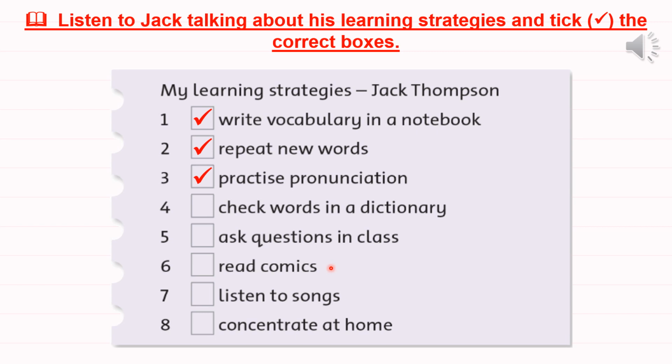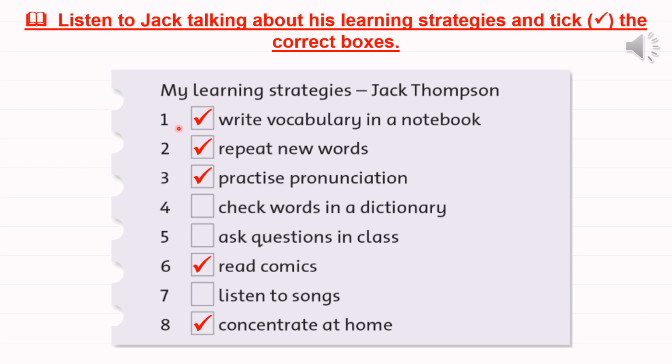Yes, I read easy French comics at home sometimes. I'm reading a good comic at the moment, but I don't really listen to French songs on the internet or the radio. And do I concentrate at home? Yes, I always concentrate when I'm doing my homework. Then I can finish it and go and play football. Good idea.